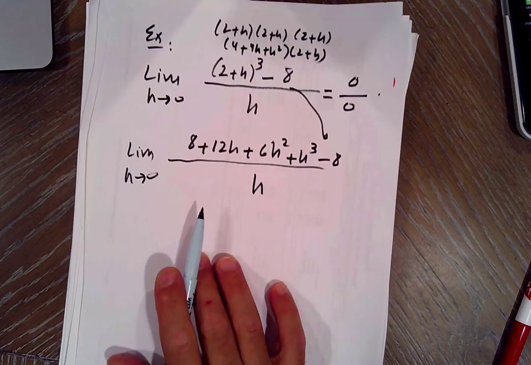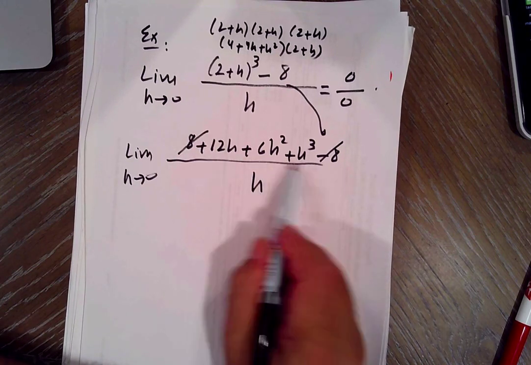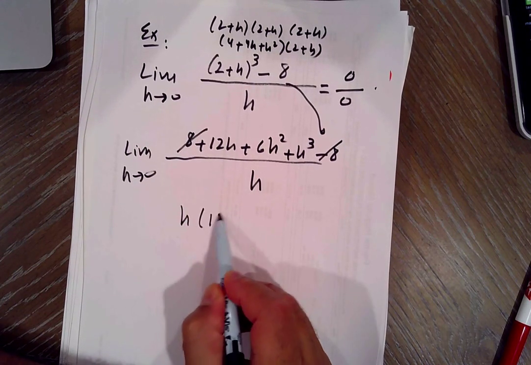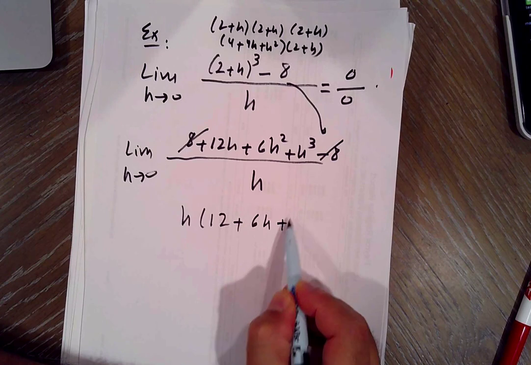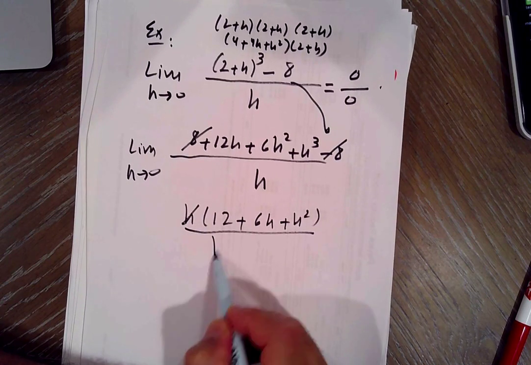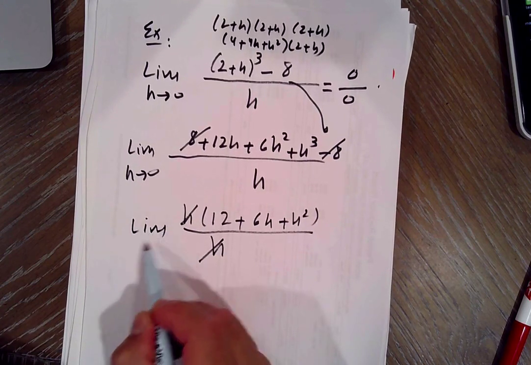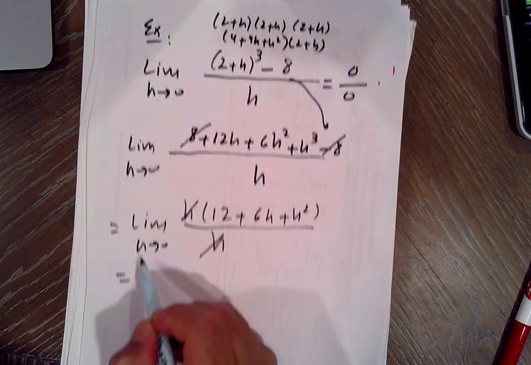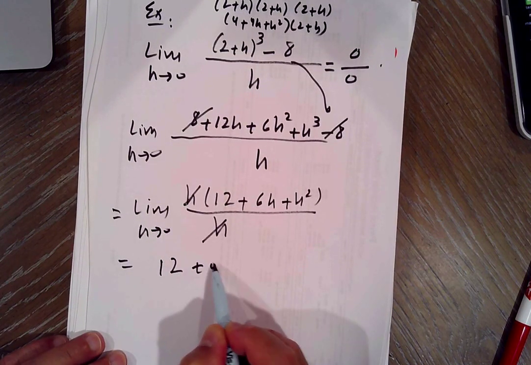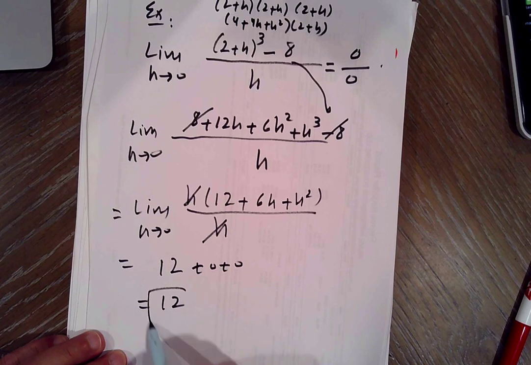And look what happens now, the 8's cancel out. We can factor out an h from the top to cancel out the h at the bottom, and then we can do the limit. Well, look what happens when we do the limit now. When we plug the 0 in, it will be 12 plus 0 plus 0, so that limit does equal 12.